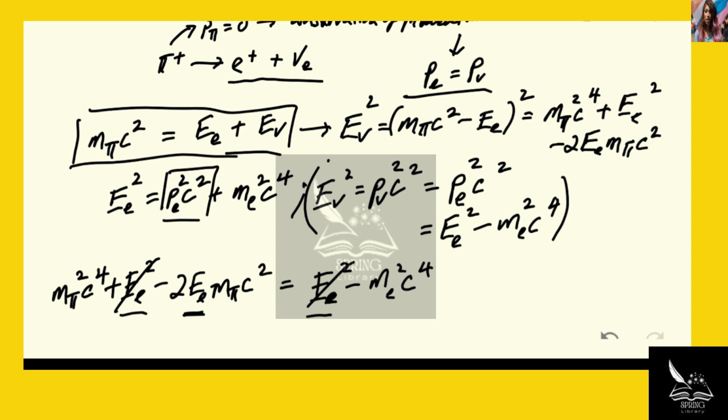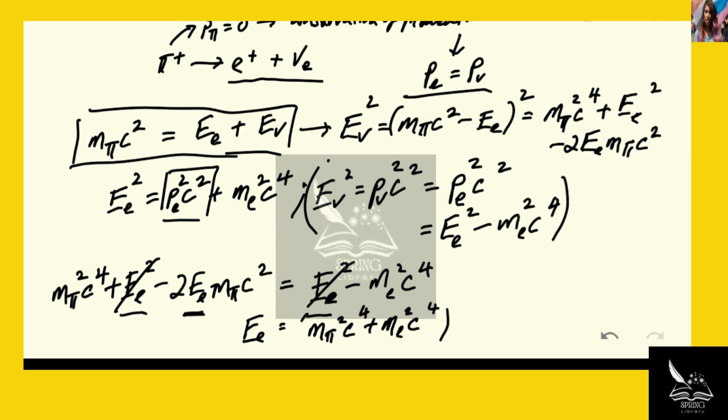So what we have to do is just rearrange the equation, bring this to the right hand side, divided by 2 times m pi c squared.